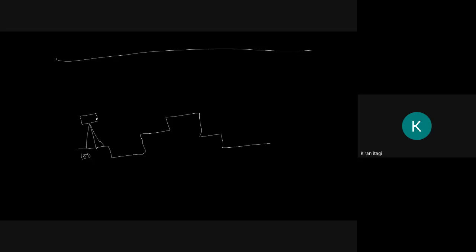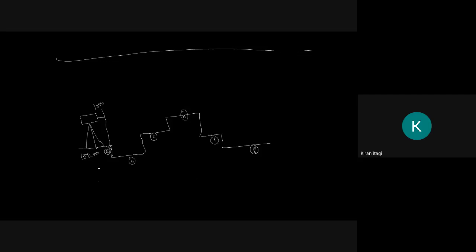This is the benchmark. When I kept the staff here, if the reading was, say, 1.000. So what is the reading here now? I will call these points A, B, C, D, E, F.